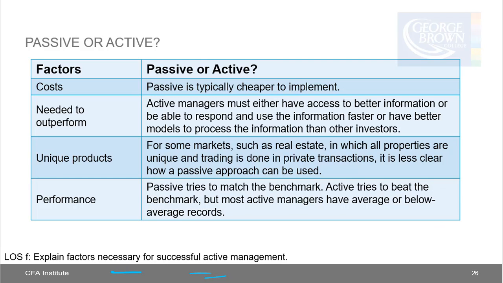Factors needed. Active management is a challenging task, but there are managers who have impressive long-term records of success. For active managers to be consistently successful, they have to be better than the other investors at assessing the potential of investments. To identify outperforming securities on a consistent basis, they must either have access to better information than other investors, or be able to respond to and use the same information faster or with better models to process the information.